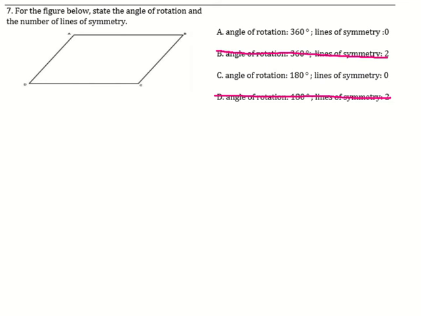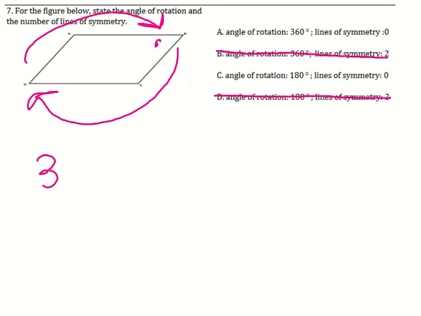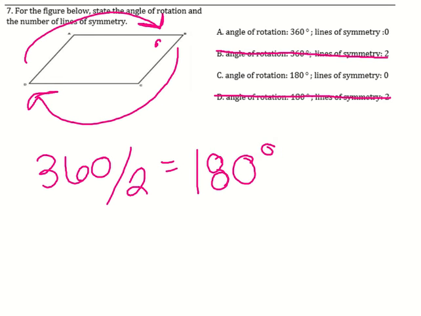Now, angle of rotation: if I mark one corner, the number of times that I can spin this image onto itself, well, once that corner gets to that corner, and then once again back around to the beginning, so that would be once and twice, and 360 divided by those 2 rotations is going to be 180 degrees of angle of rotation. So 0 lines of symmetry, angle of rotation of 180.